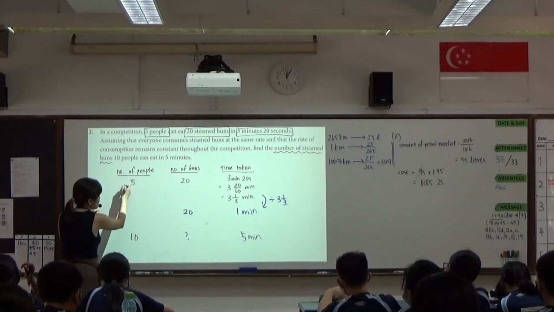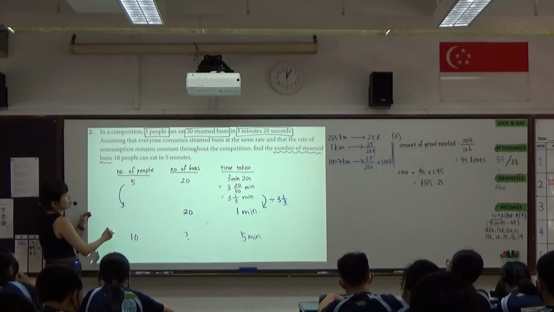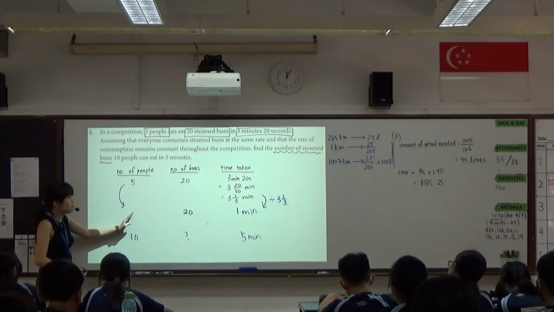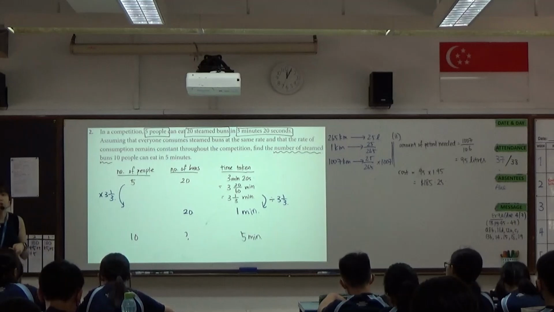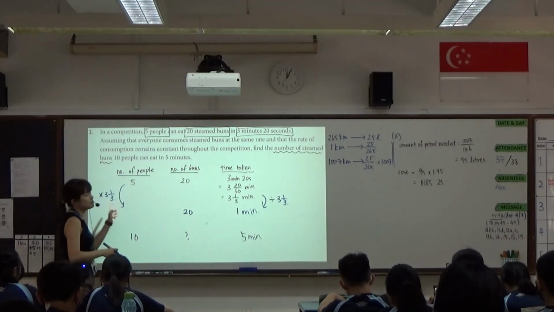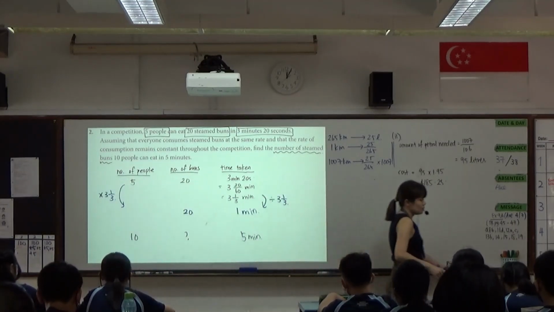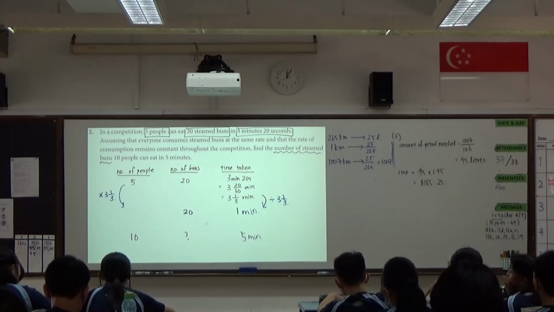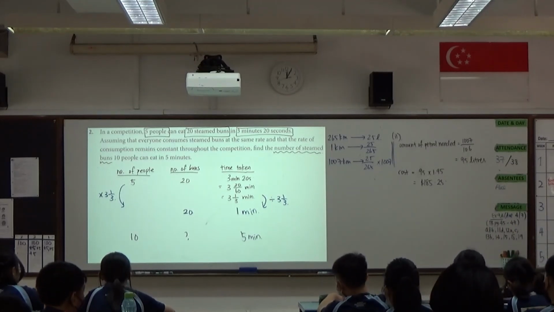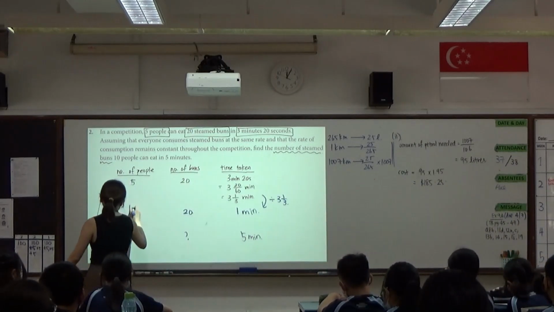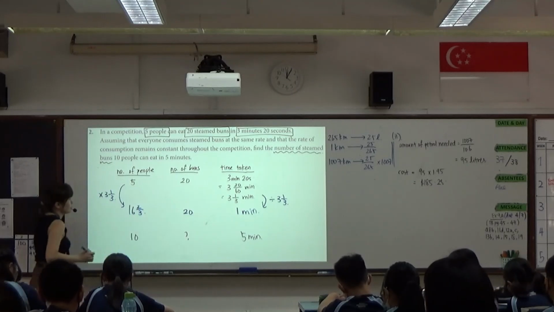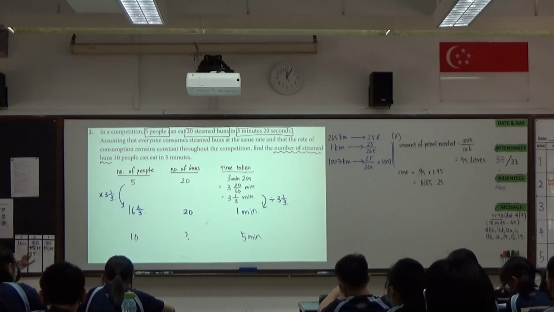Over here, I must also do by proportion, but because I will want more people, I will multiply by 3 1/3, in order to increase the number of people. So 5 times 3 1/3. What will we get? 16 and 2/3. At this juncture, any questions?